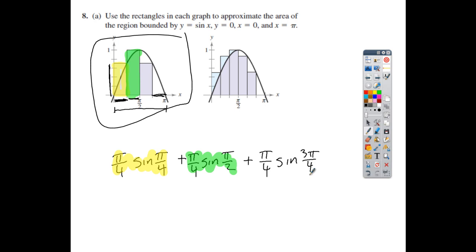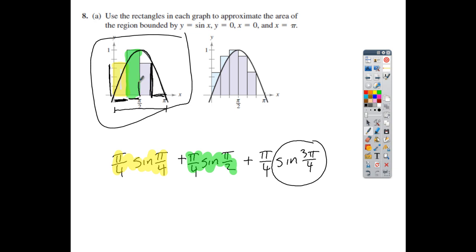Yes? So the question is, how did I get, let's say, this piece right here? The function is dictating the height here. So this is your height of all of these rectangles. The height of this rectangle is the height of the function at 3 pi over 4.